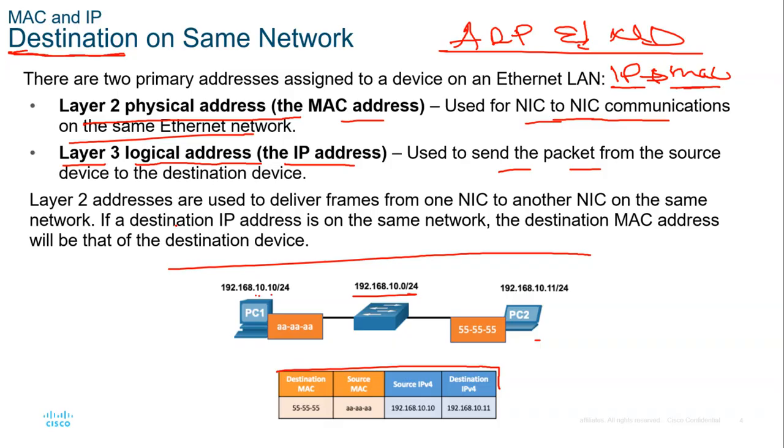So layer 2 addresses are used to deliver a frame from one network interface card to another on the same network. I've already explained that. If the destination IP address is on the same network, then the destination MAC address will be that of the device.